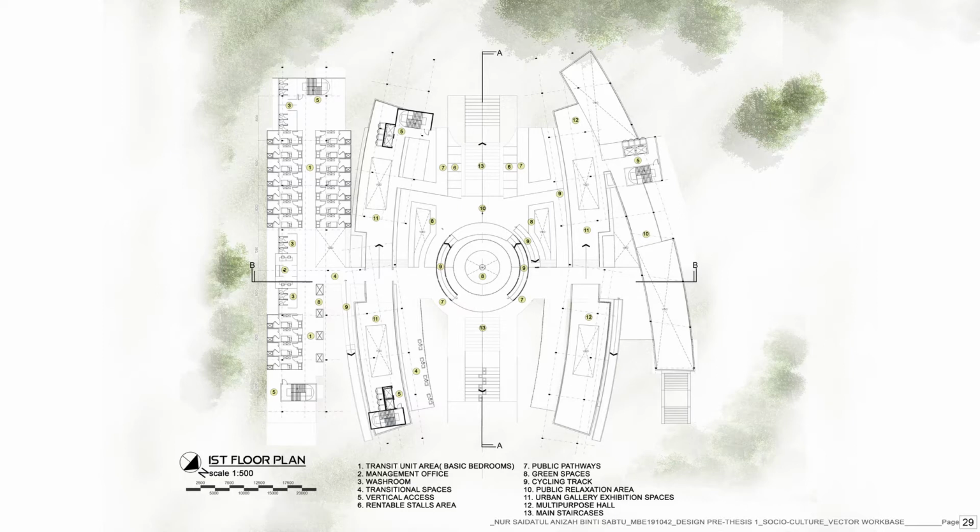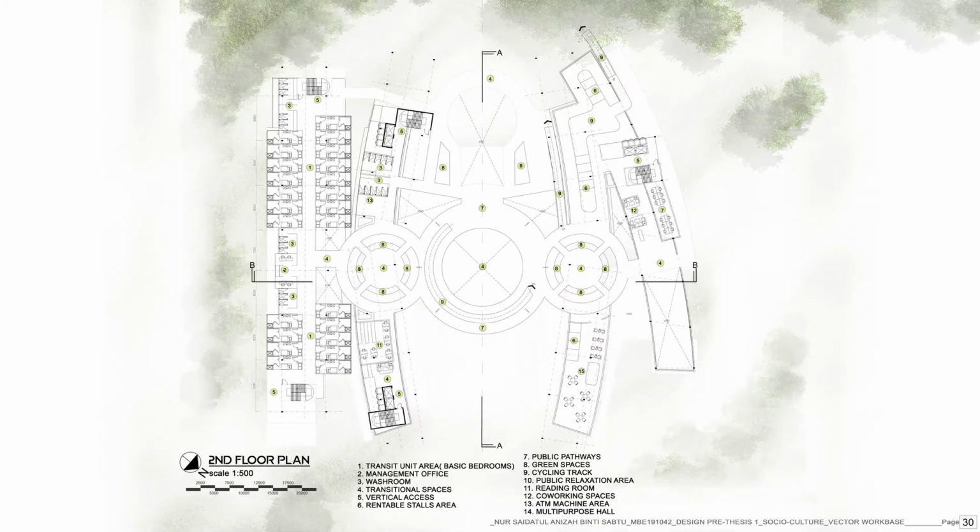Moving on to the first floor plan, this area is provided with a few enclosed urban gallery halls and a multipurpose hall, incorporated with a transit area in the middle. Here is the transit unit area, a basic room unit for commuters or the public to rent and rest.